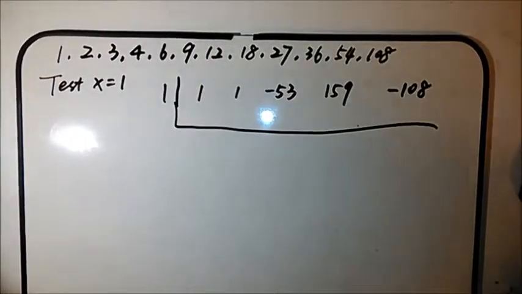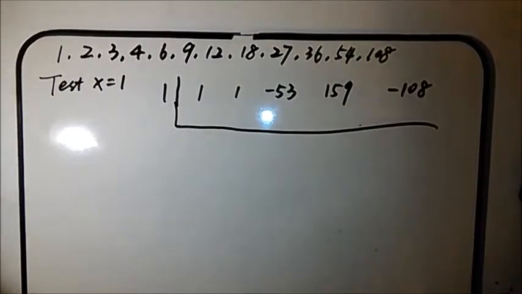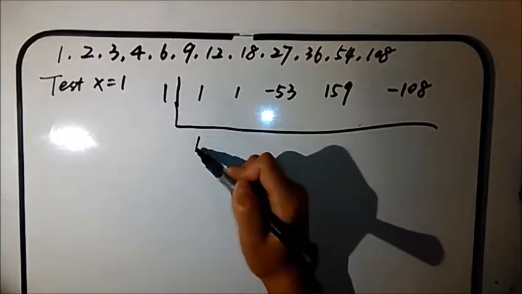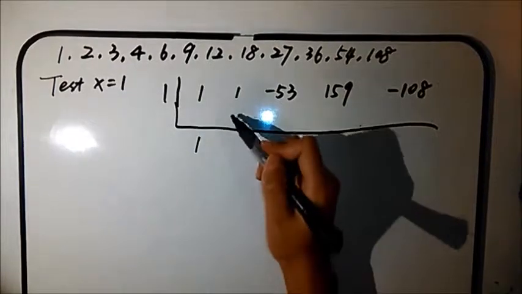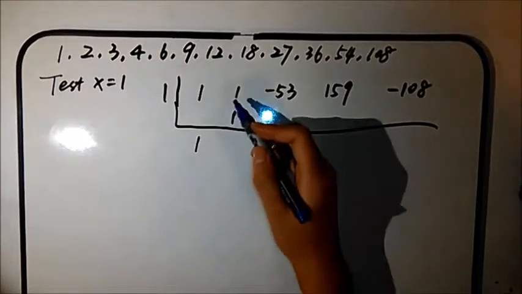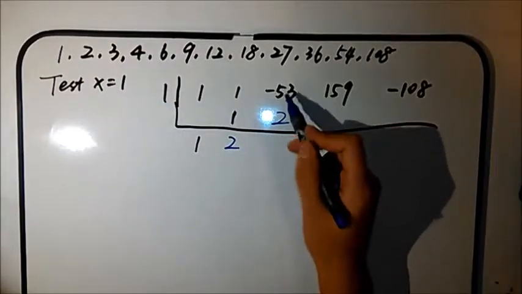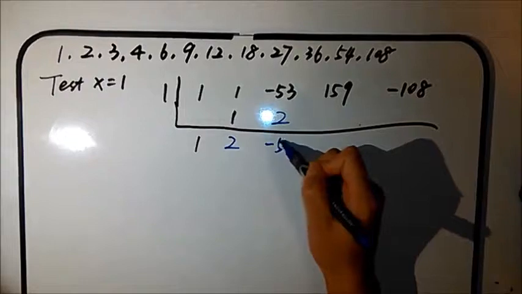Bring down your 1. 1 times 1 is 1. 1 plus 1 is 2. 2 times 1 is 2. Negative 53 plus 2 is negative 51.